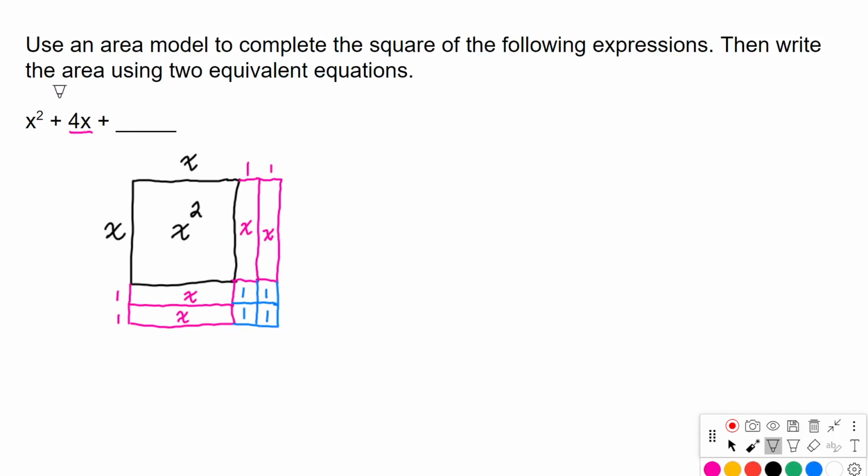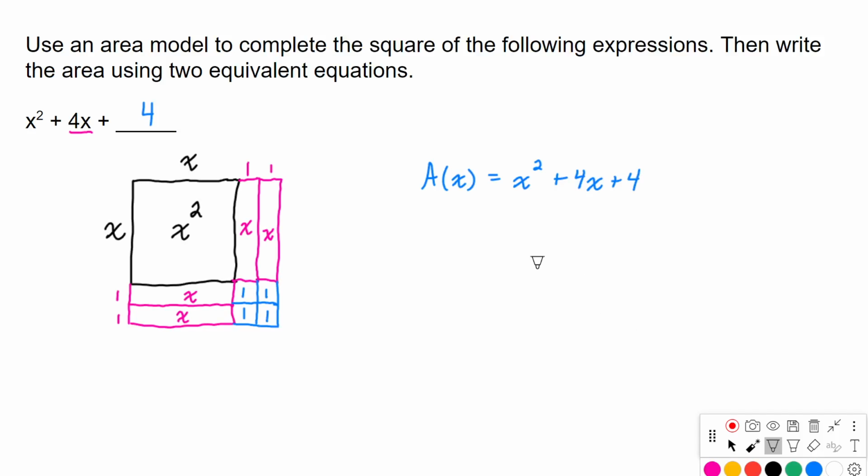So I can complete this expression by adding these units to it. I have x squared plus 1, 2, 3, 4x plus 1, 2, 3, 4 units. So this area can be written as A of x equals x squared plus 4x plus 4.